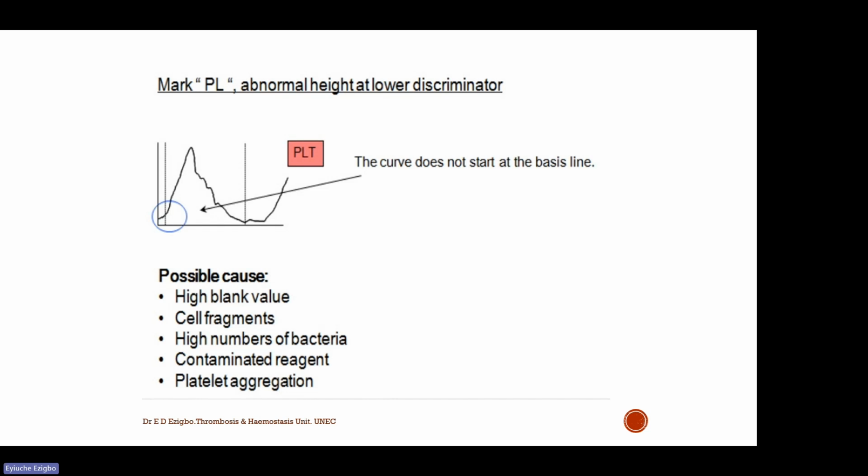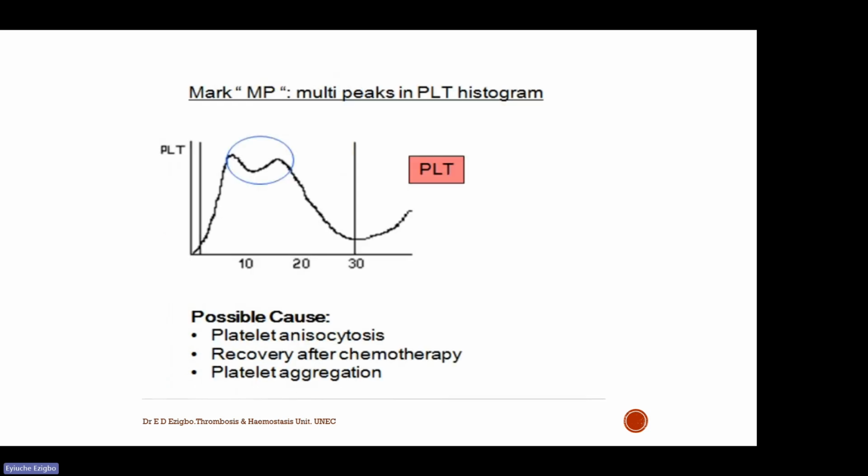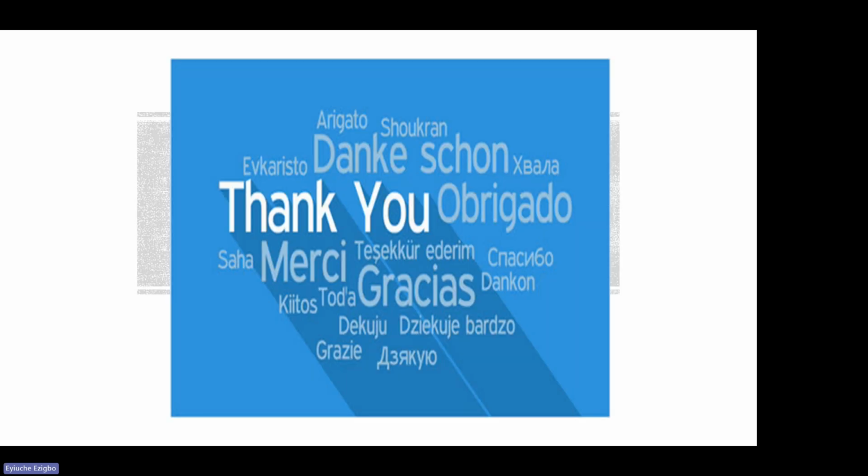This is for the platelet histogram. Let me see if I have another platelet histogram. Multiple peaks in platelets. Possible cause: platelet anisocytosis, recovery after chemotherapy, platelet aggregation.